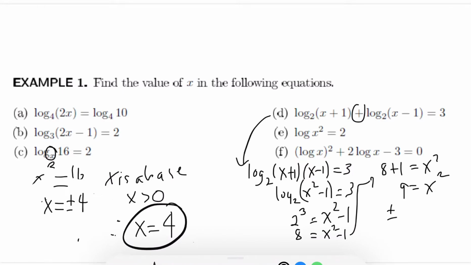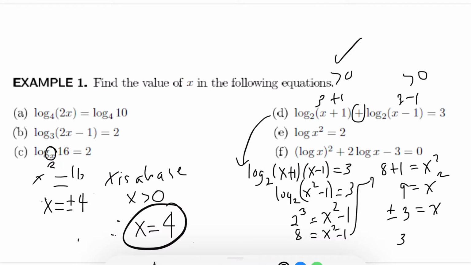Take the square roots, plus and minus 3. Now take note, if x is 3, then 3 plus 1 is greater than 0, so defined. And 3 minus 1 is 2, so greater than 0. So 3 is a solution.